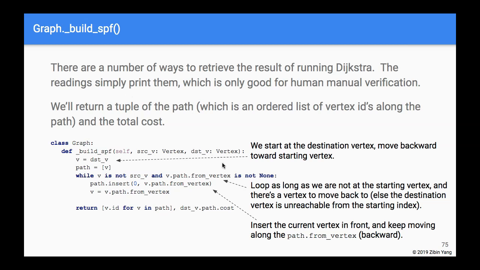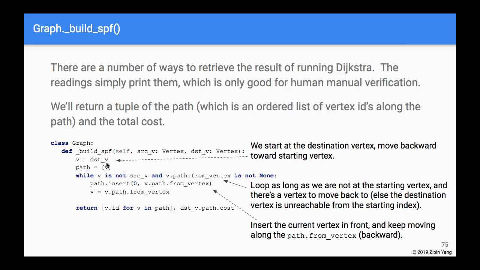So what I'm showing here is, given the source and the destination, we'll start from the destination. Remember, in order to figure out the whole path, we start with the destination and we go backwards, tracing through the from vertex.